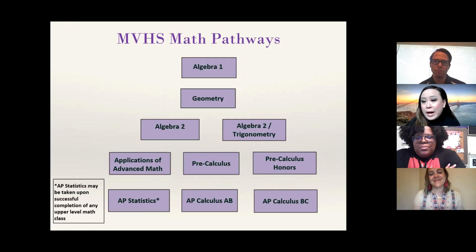So if you start out with Algebra 1 as a freshman, sophomore year you have Geometry. Junior year, you can choose Algebra 2 or Algebra 2 Trig. And senior year, you can choose any in the category of advanced applications of math, or pre-calc, or honors. Will you have enough math to graduate? Yes. Will you have enough math to meet college eligibility?